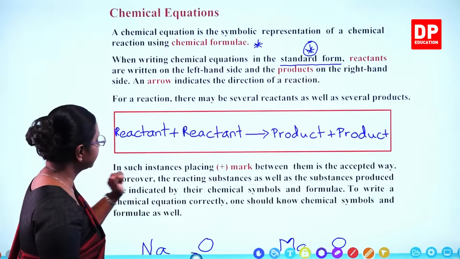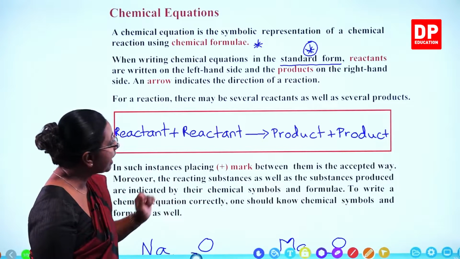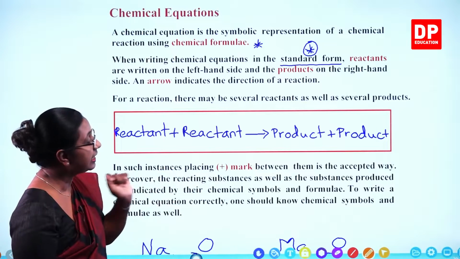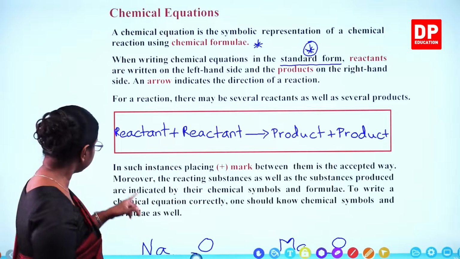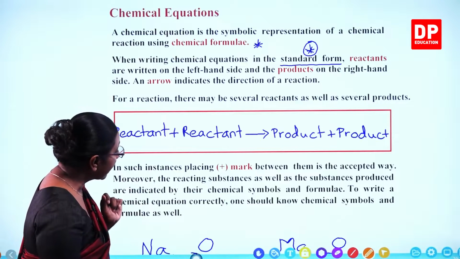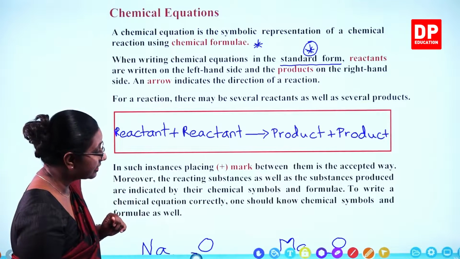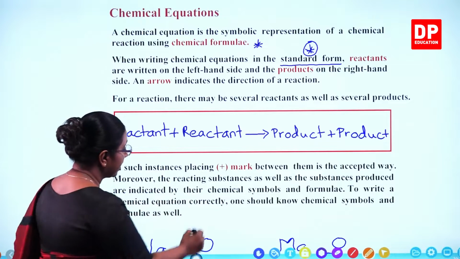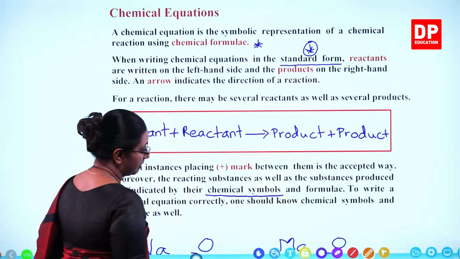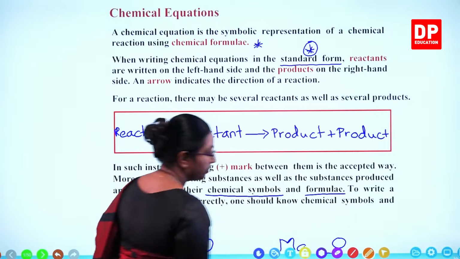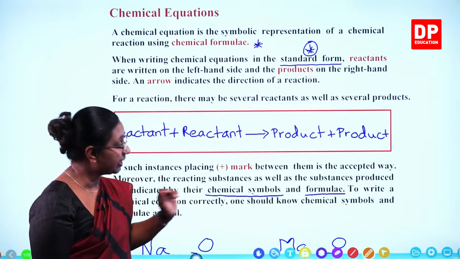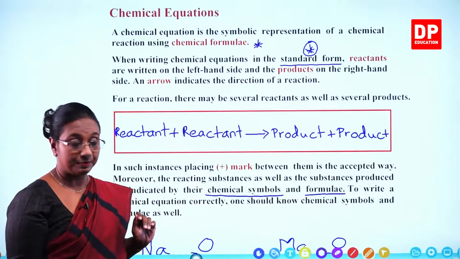In such instances, placing a plus mark, addition mark between them is the accepted way. Moreover, the reacting substances as well as the substances produced are indicated by their chemical symbols and formulae. So, chemical symbols if they are elements and chemical formulae if they are compounds.